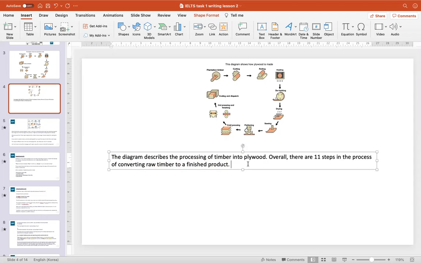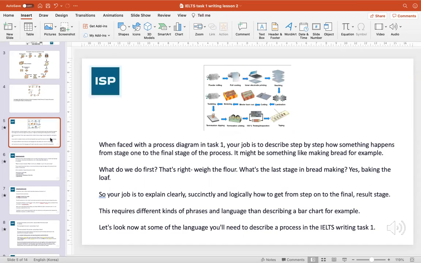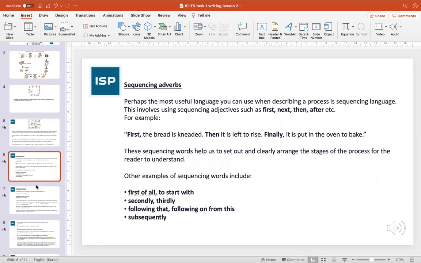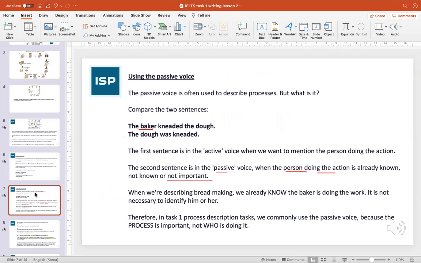By combining those two, you have a good overview for the reader of what's going on. Then this is when we go into using our sequencing adverbs and our passive voice.